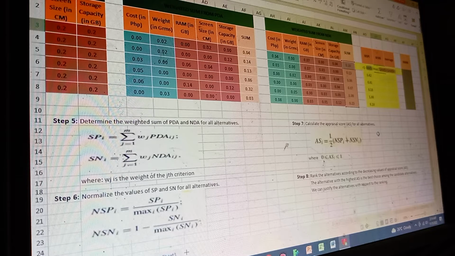Sorry. Again, the formula: so max this value here. Okay, so let's drag this down.